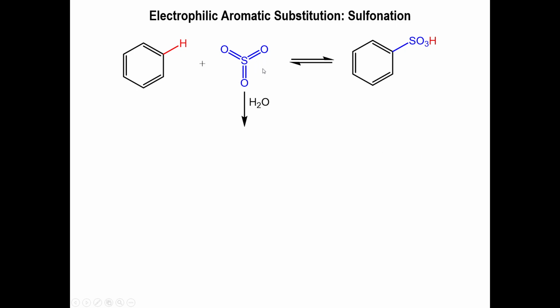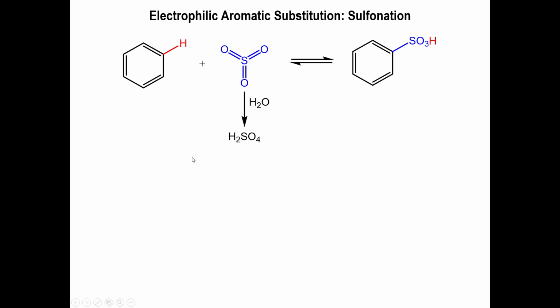Strong enough that not only does it react with benzene, but if you introduce water into your reaction, it will absolutely react with water to form sulfuric acid. And this, in essence, diminishes the concentration of sulfur trioxide present in solution, which by equilibrium will push the product back to the reactant side.